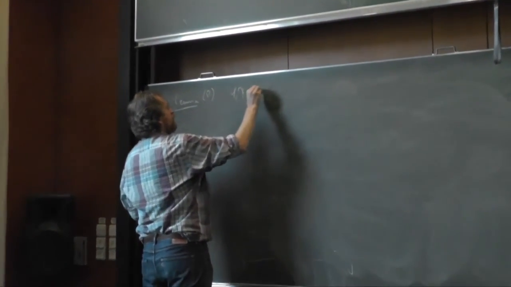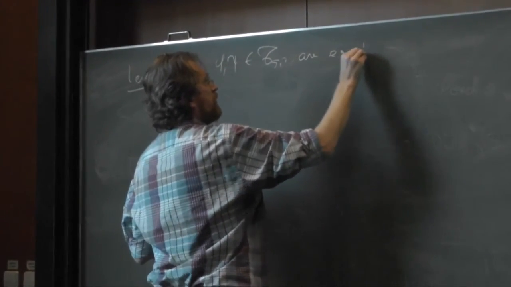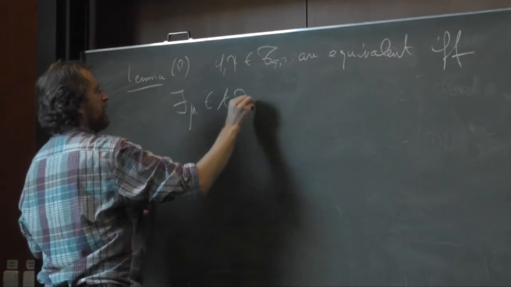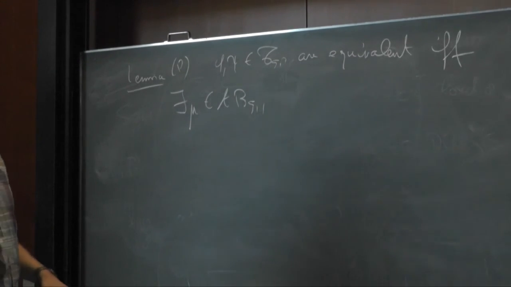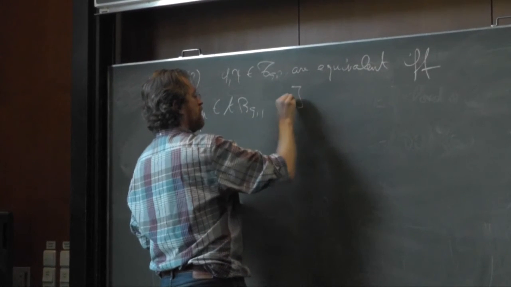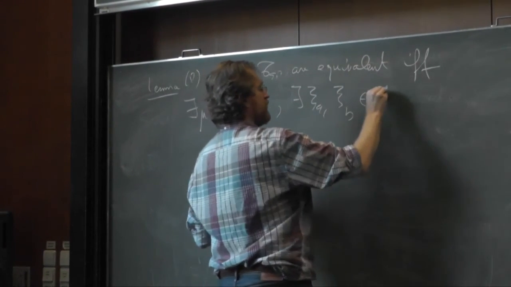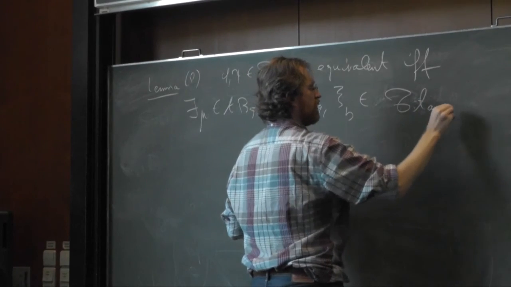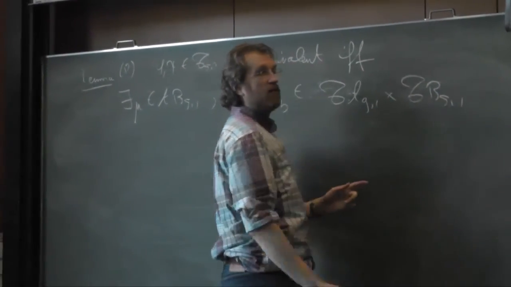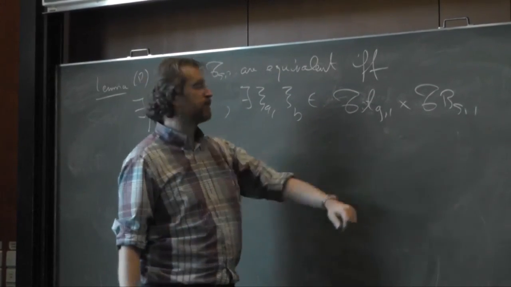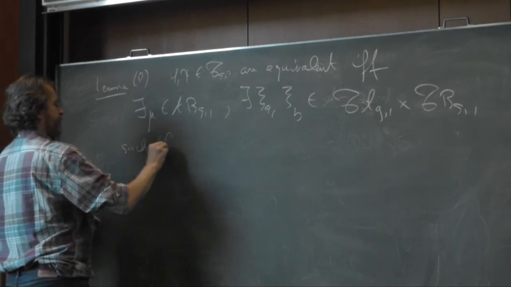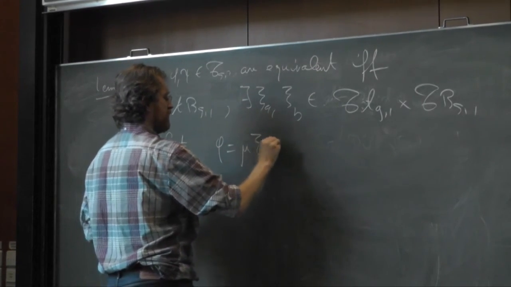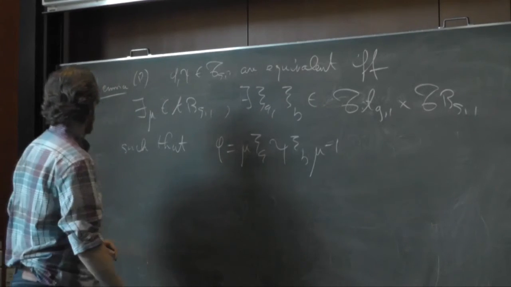Two elements phi and psi are equivalent if and only if there exists an element mu in ABG1, meaning mapping classes that extend on both handlebodies, with A G1 and B G1 intersected with the Torelli groups, such that phi is mu psi mu minus 1.